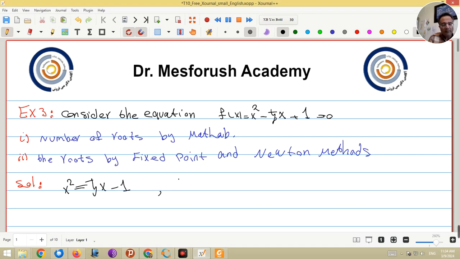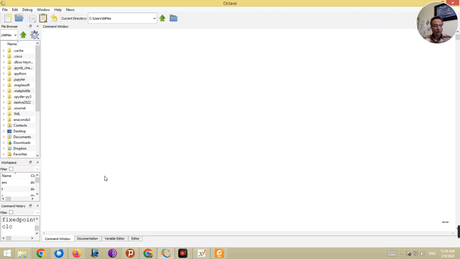So if we get y1 equal to x squared and y2 equal to tangent of x minus 1, and let x change from minus 1.5 to 1.5. Okay, let me plot these two curves and find the number of roots.